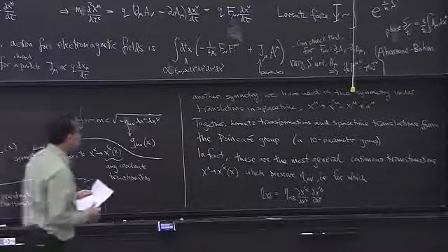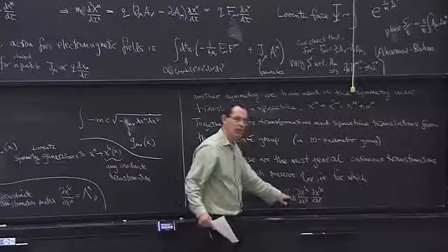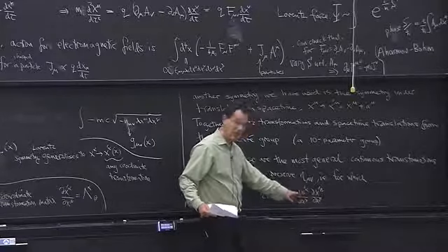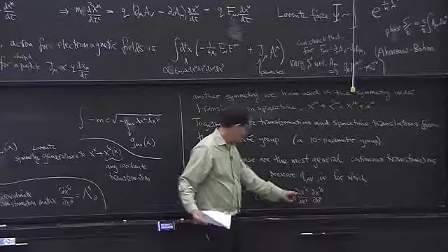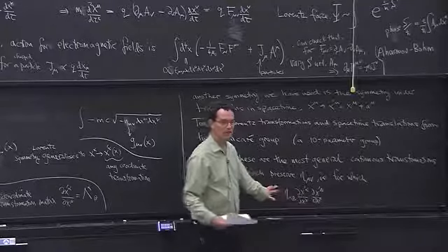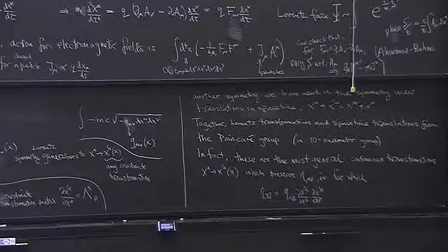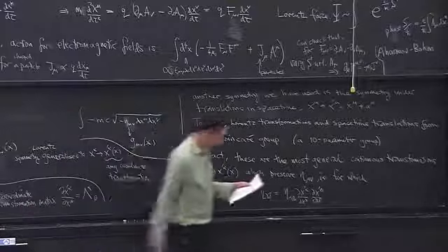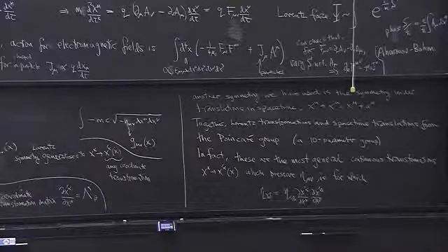Okay, so you can actually prove that if I insist on leaving eta invariant, but I allow my coordinates to change by any function x prime of x, then the most general possibility for that function is the Poincare transformations. So let me prove that, because the proof is not difficult, but it's tricky.